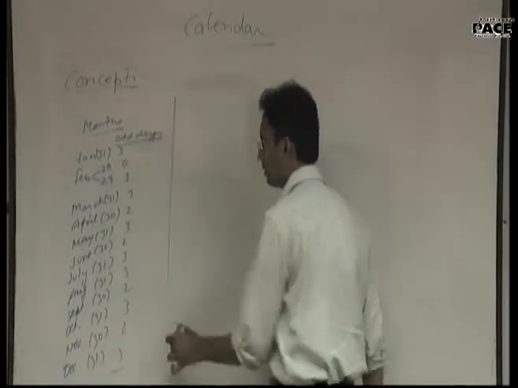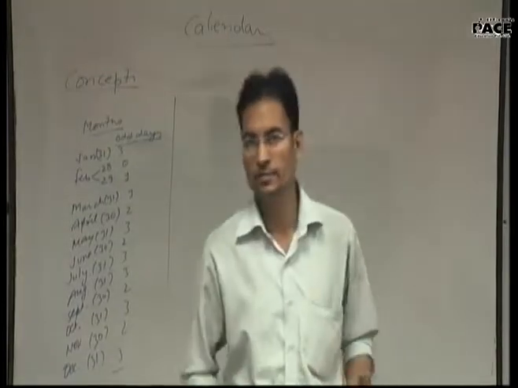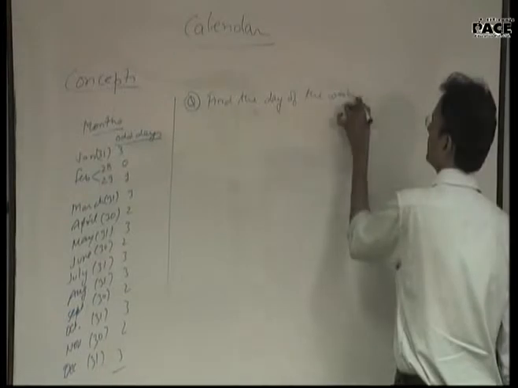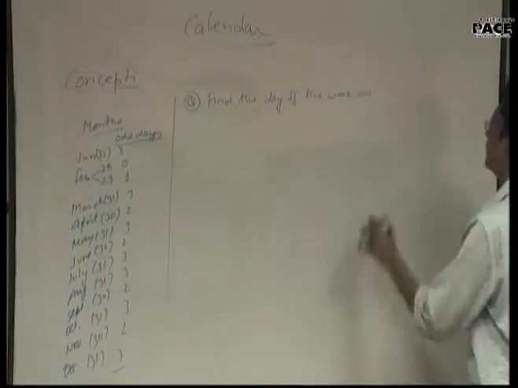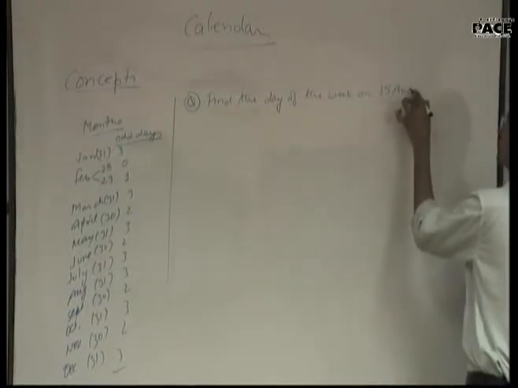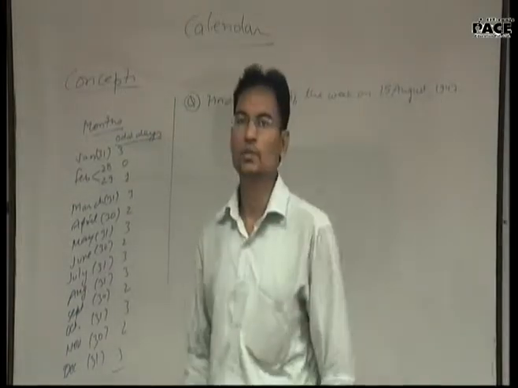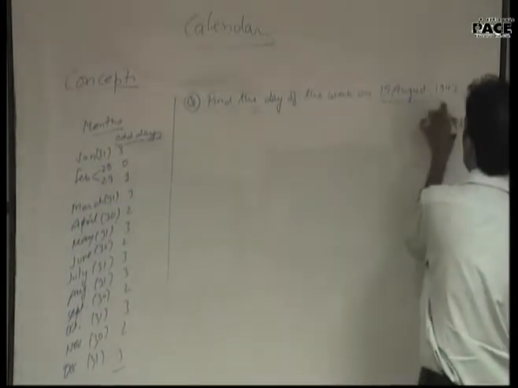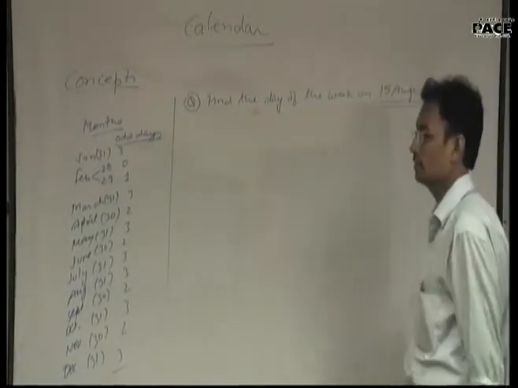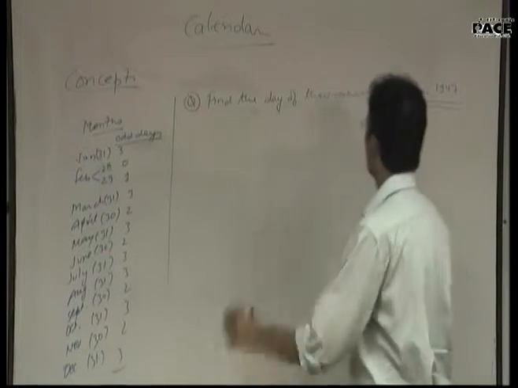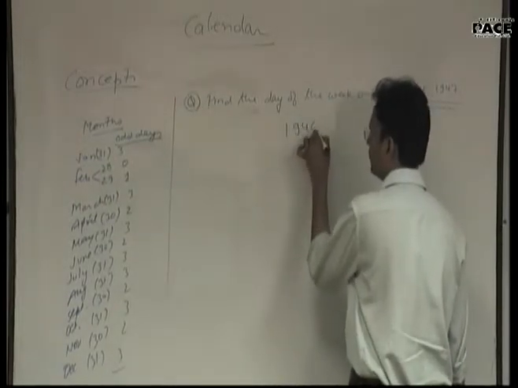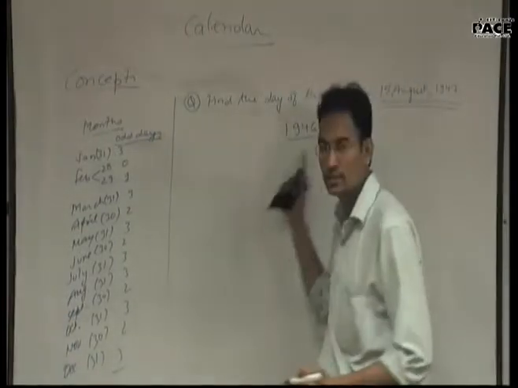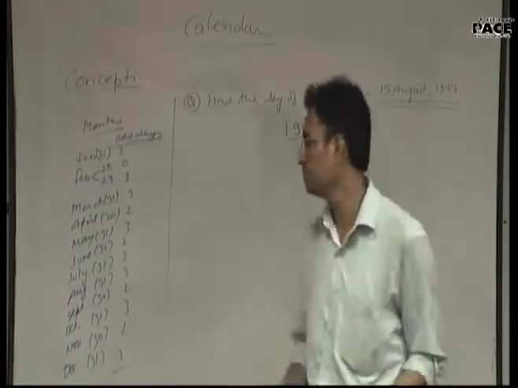Now how to use all this data we collected? Suppose we want to find the day of the week on 15th of August. We have to simplify this data. Like 1946 years have passed, the 1947th is running. In these 1946 years, what is the breakup?